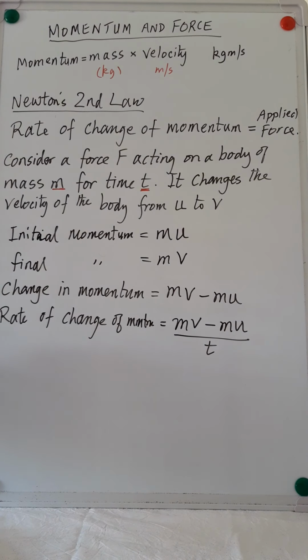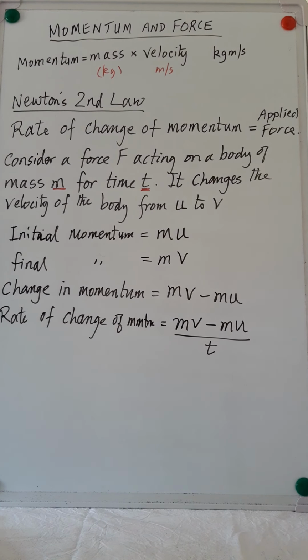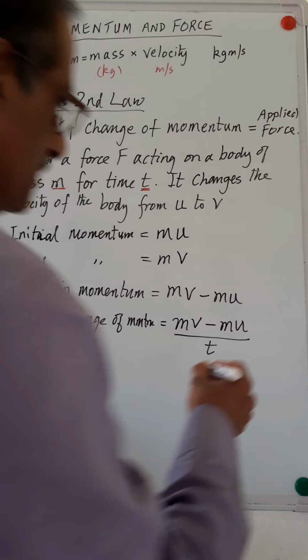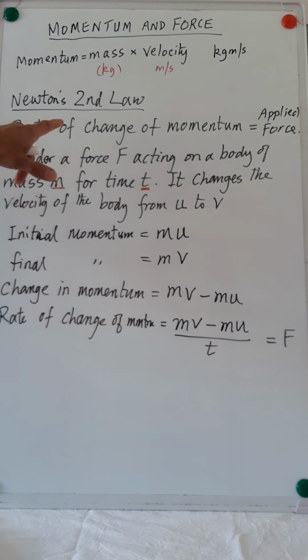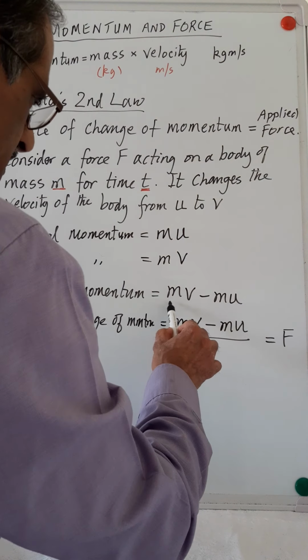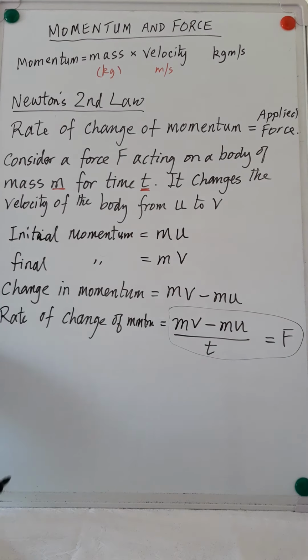And the rate of change of momentum is equal to the applied force. According to Newton's second law of motion, this is equal to F. Okay, that's the force that we are applying. So this is the formula for the rate of change of momentum is equal to the applied force.